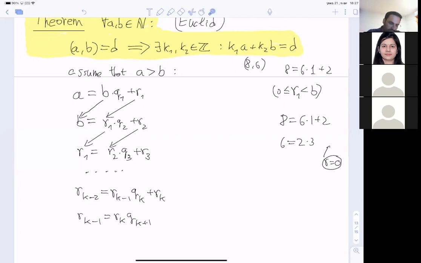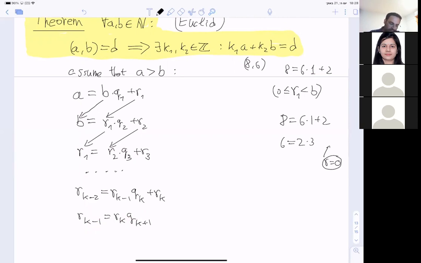Now, it must get to this situation finally, because these numbers are decreasing and positive. So finally, you must be able to get to this situation.